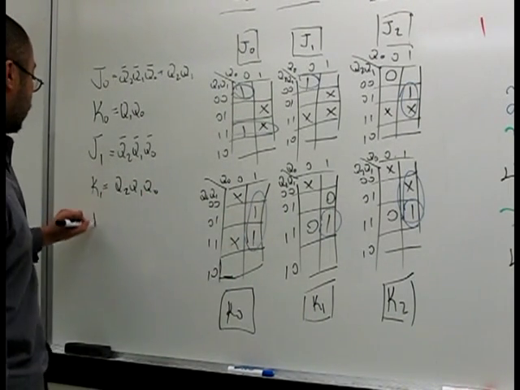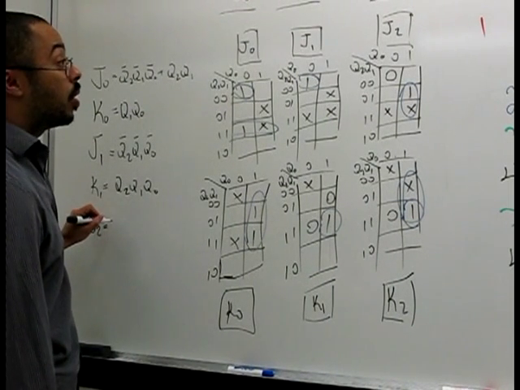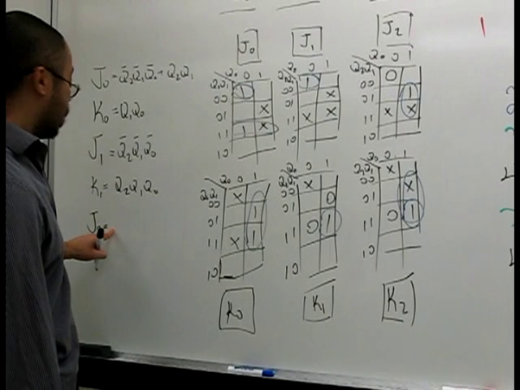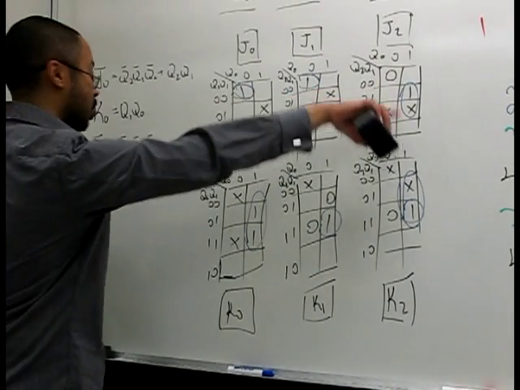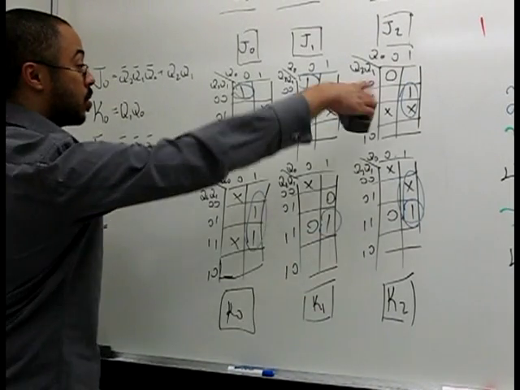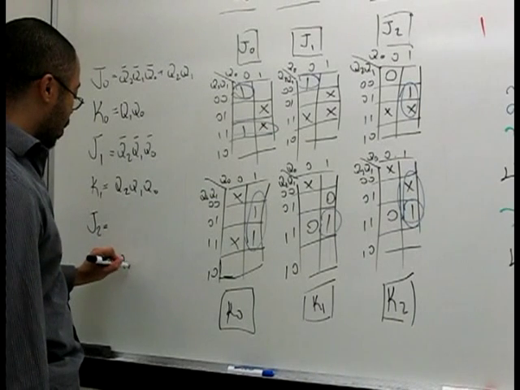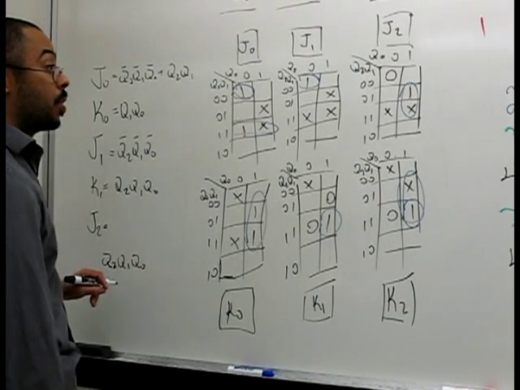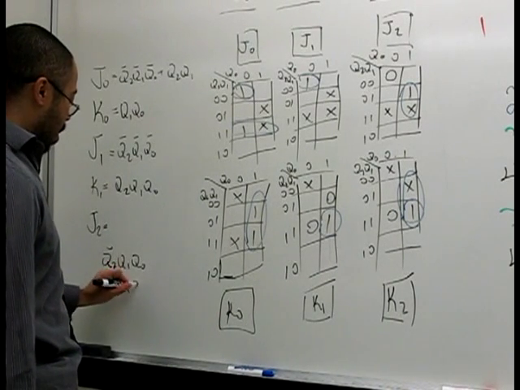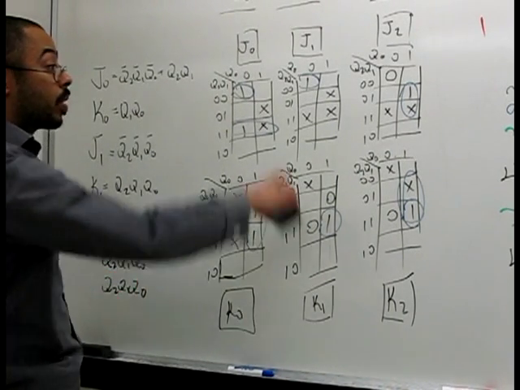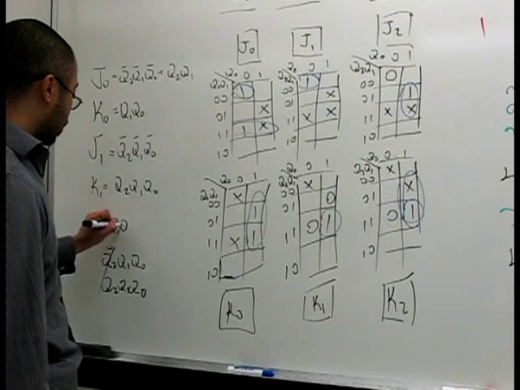And J2, let's see, we're going to do this one first. We need to simplify because we've got 2 circled. Q2, notice I always write out my variables first and I go back and figure out what to not. True. Keeps it easy in my head to work out. True, true, true, cancel, Q1, Q0.